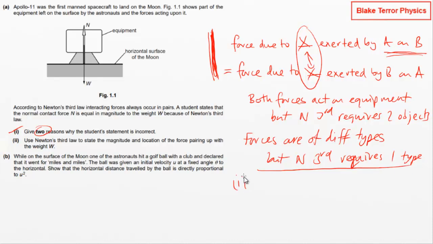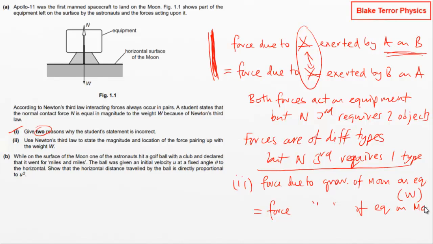We're saying that the force due to gravity of Moon on equipment, i.e. W, is equal to the force due to gravity of equipment on Moon.